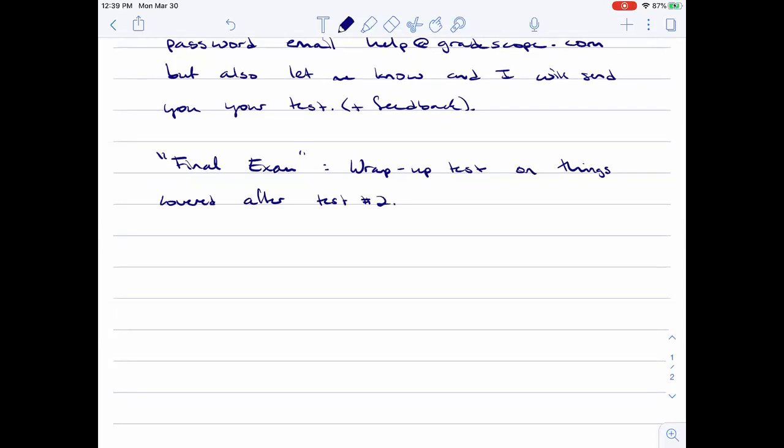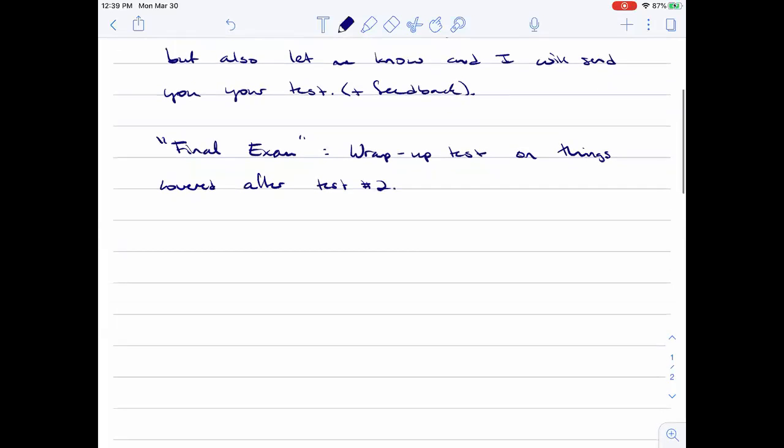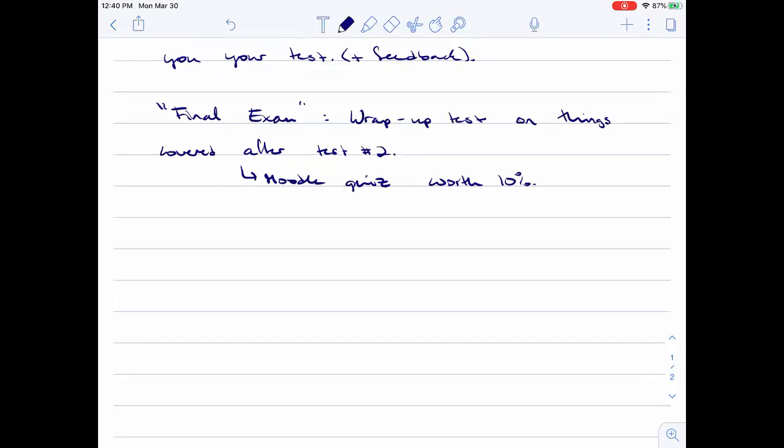Okay. And most likely it'll just be a Moodle quiz worth 10%. So I'll try my best to make it nicer looking than test 1, but it'll just be a Moodle quiz, just touching on the big ideas.